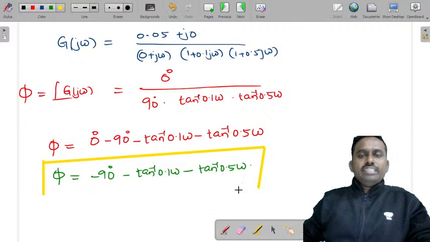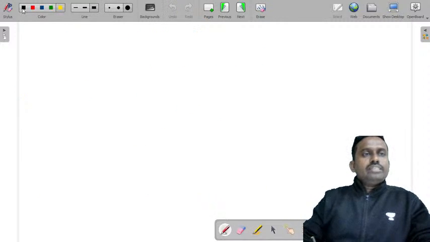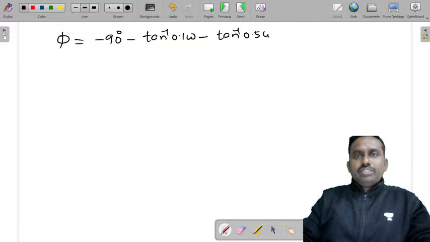Now you need to find this phase angle at different frequencies. So let's find this phase angle at different frequencies. Phi is equal to minus 90 minus tan inverse 0.1 omega minus tan inverse 0.5 omega.